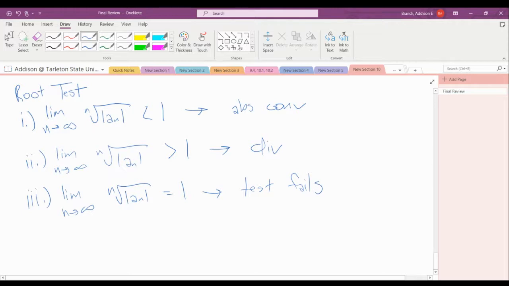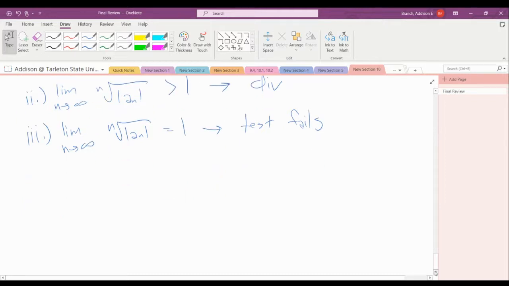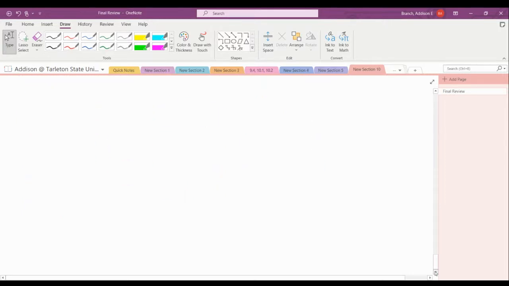All right, so I'm going to go ahead and do another quick example for this one. So in this example, we have 5n minus 3n cubed over 7n cubed plus 2, all to the n.